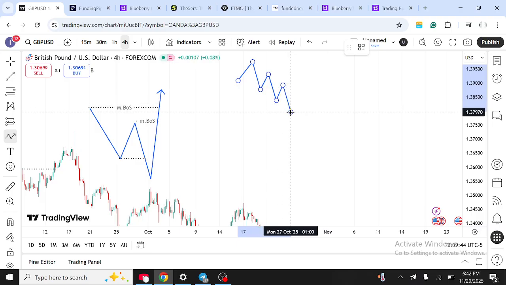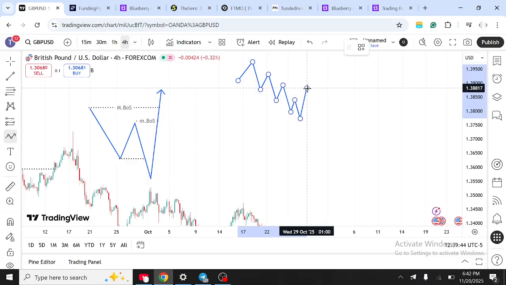Then if the order flow of the market increases a bit to the upside, and there is a close below this low here, which should have signified a break of structure, but instead price comes above here and closes above this high.